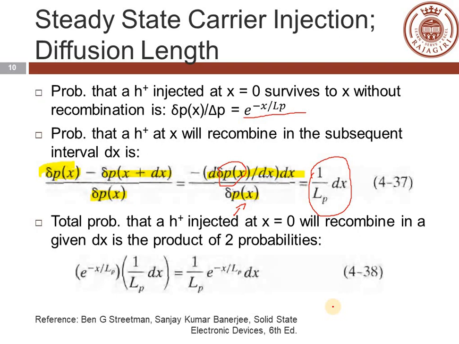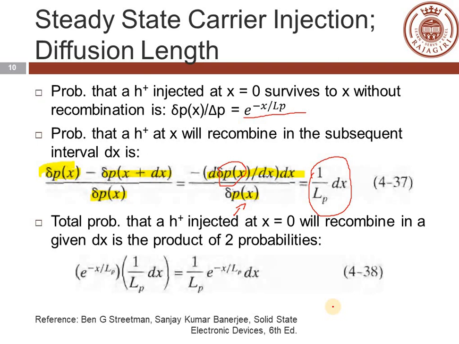Suppose you need to find the average of a function f of x, we can find the average of f of x by taking the integral of f of x from minus infinity to infinity, f of x into the probability of that function, dx. That is, average of f of x is the integral from minus infinity to infinity of f of x p of x dx, where p of x is the probability of the function.